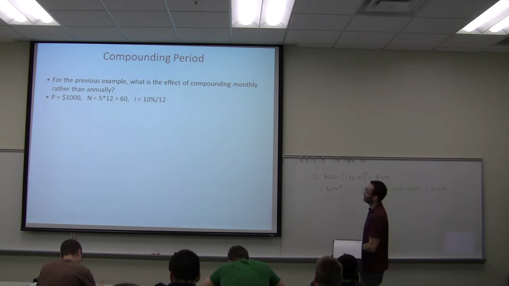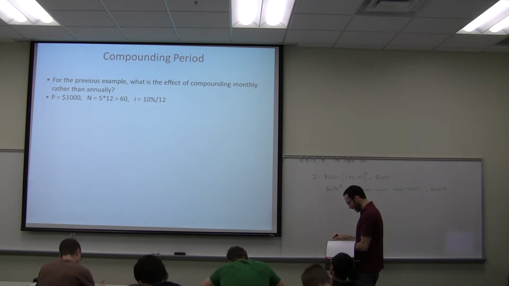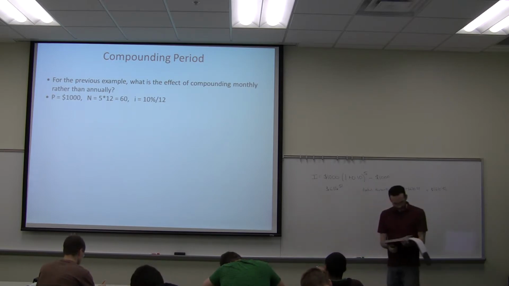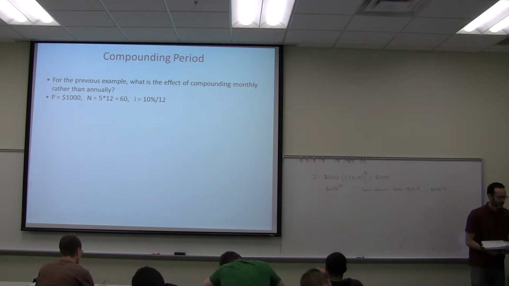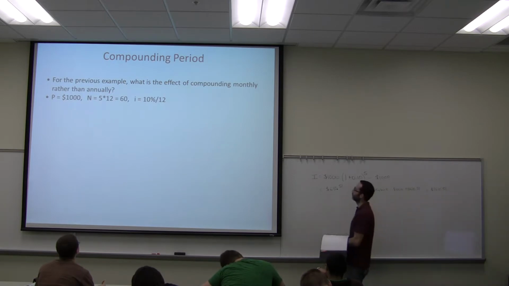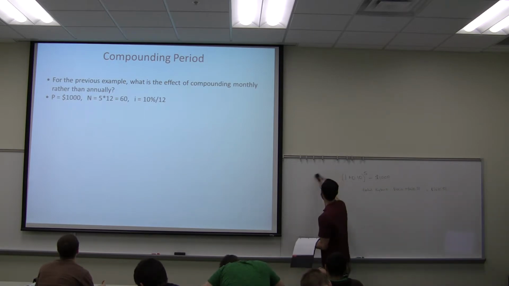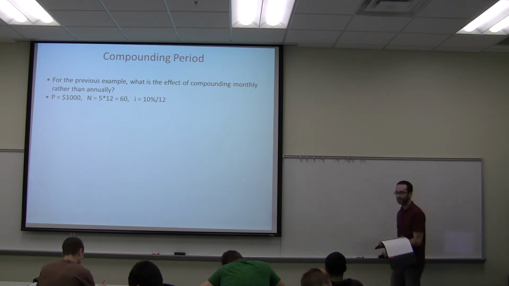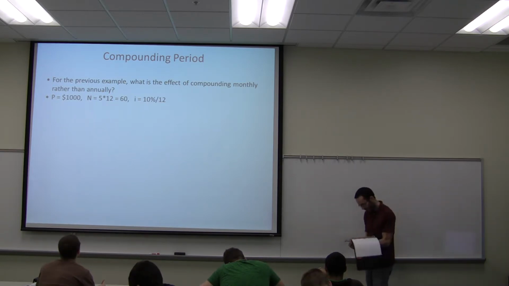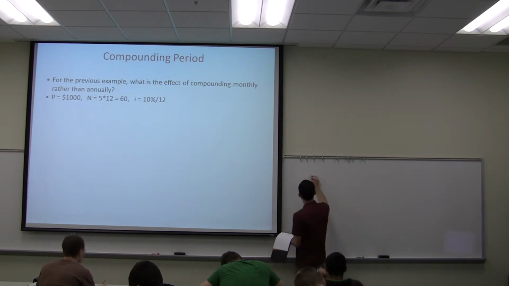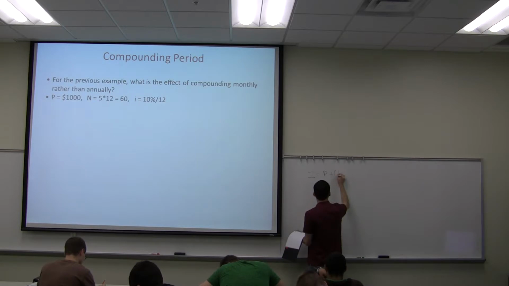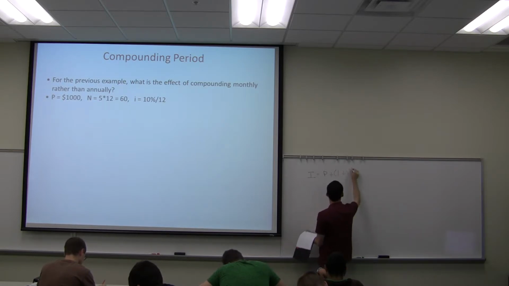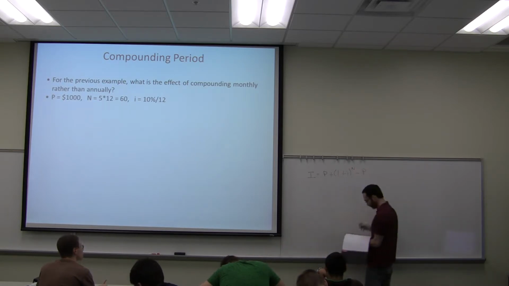And so I is going to be 10% divided by 12. So you can use that same formula and calculate how much the interest is and the total repayment if it compounded monthly instead of annually. So try that. Our formula again is I equals P times (1 plus I) to the N, minus P.